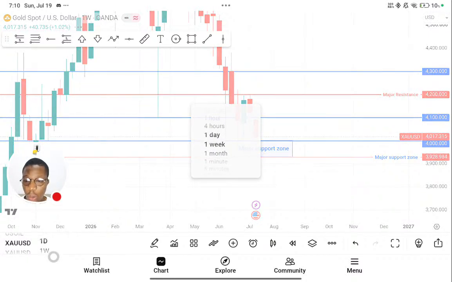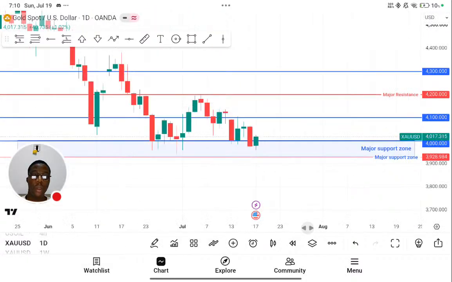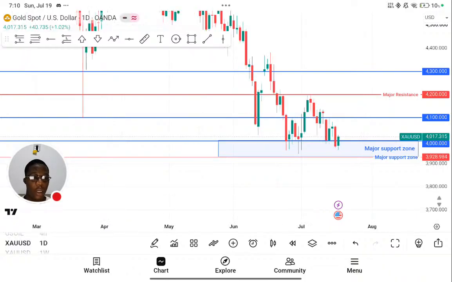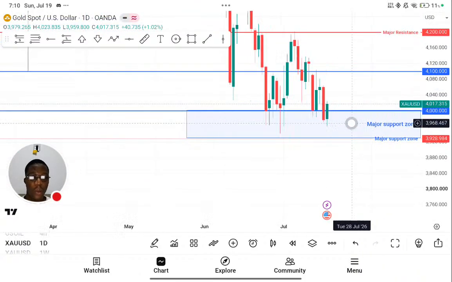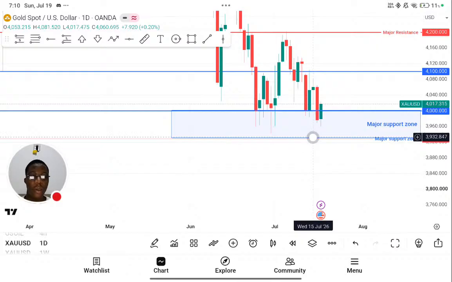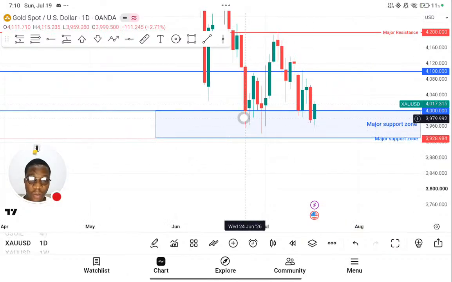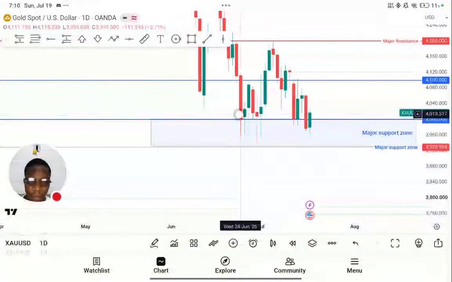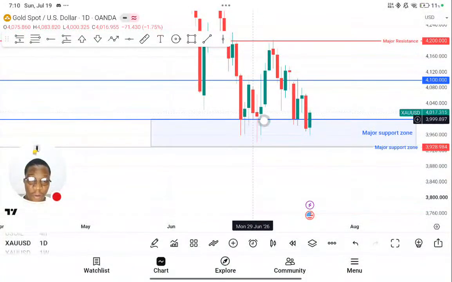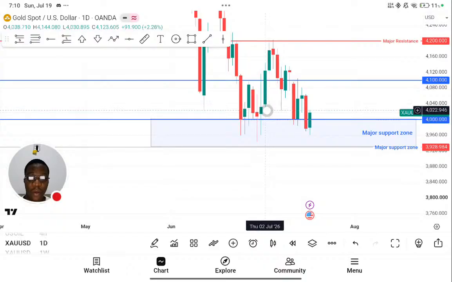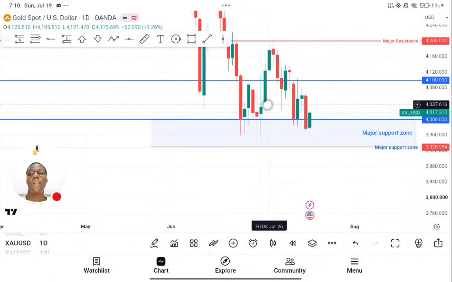Let's drill lower and go to the daily time frame. All of a sudden, last week we had a very major drop that broke 4,000. For every candle you see here on the daily time frame, it represents one day. For every candle you see on weekly, each represents 1 week.